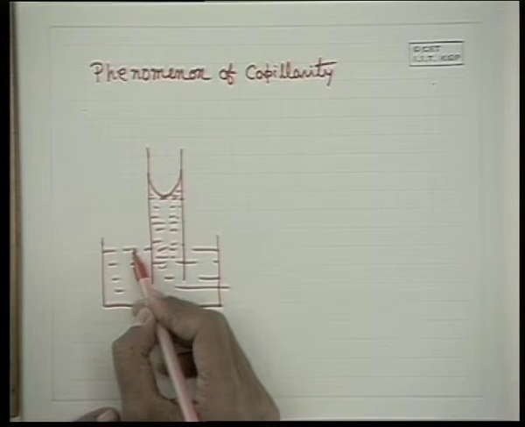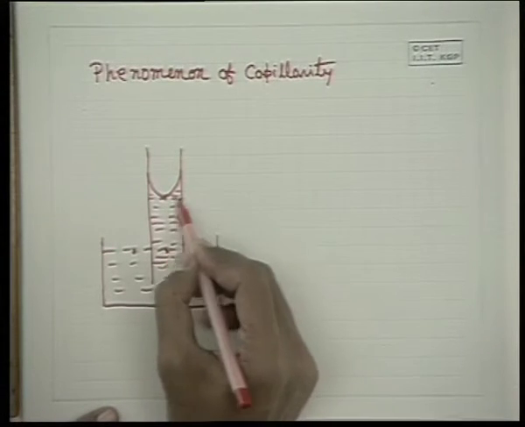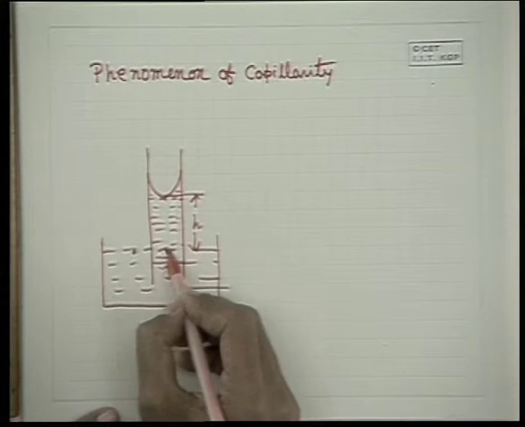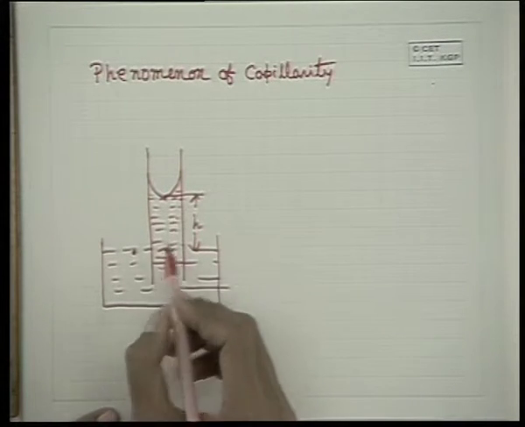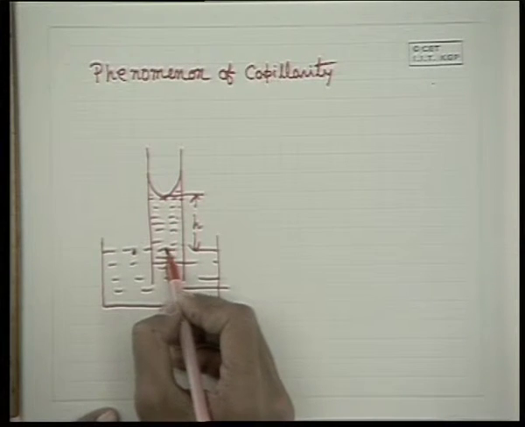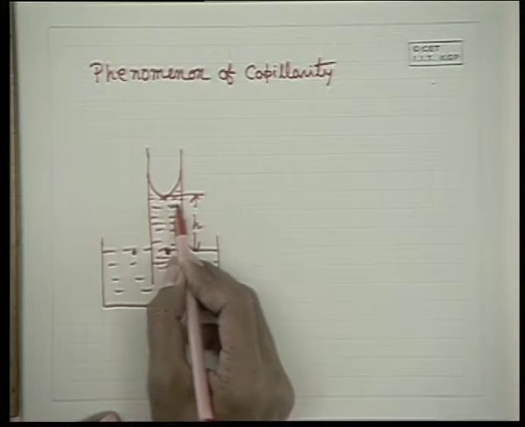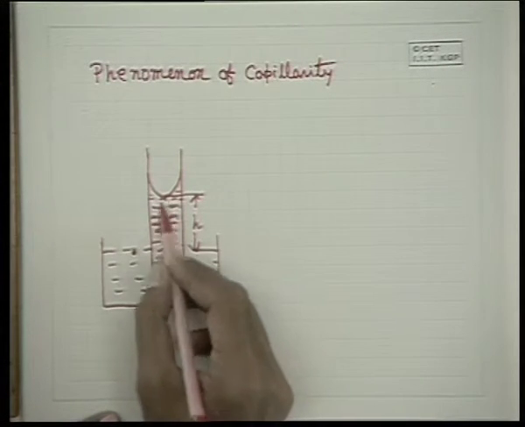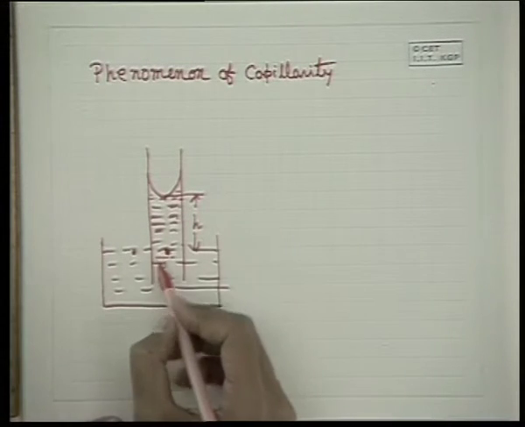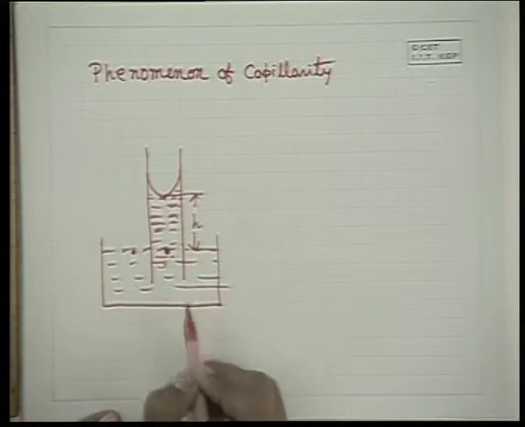For example, here the pressure is atmospheric pressure, but here the pressure is that of the height of this water column. Let this height be h. So who is responsible for this imbalance of pressure? There must be some upward force which can hold the column of water that has been raised, and this force is the prime cause of raising the liquid through the tube from the level in the container.